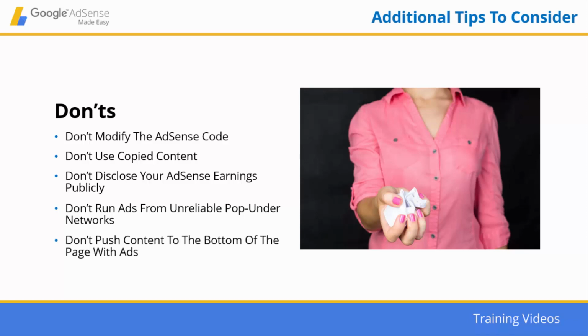Don't push content to the bottom of the page with ads. Pushing content down the page with large ads is a significant policy violation that many publishers are unaware of, so make sure to only place ad units that align well with content.